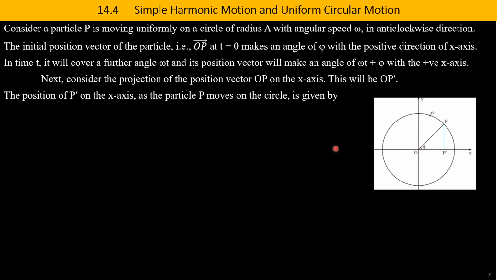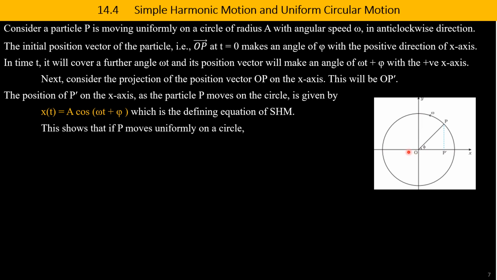The position of P dash on the x-axis as the particle moves on the circle is given by the relation x of t is equal to a into cos of omega t plus phi, which is the defining equation of simple harmonic motion. The position of P dash, which moves to and fro on the x-axis, is given by x equal to a cos omega t plus phi.